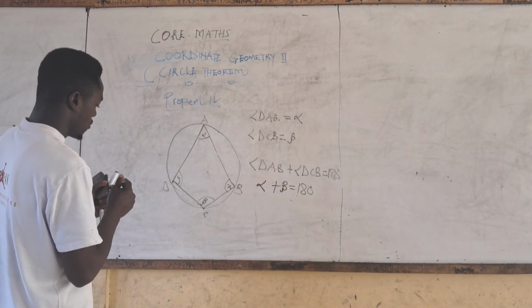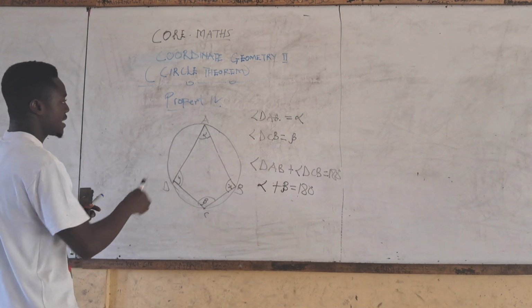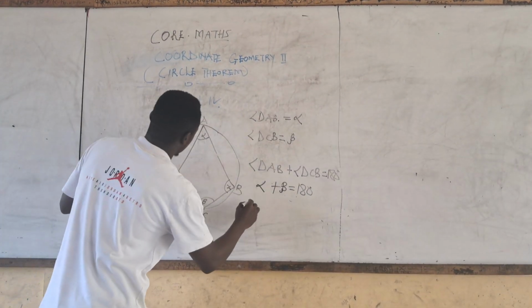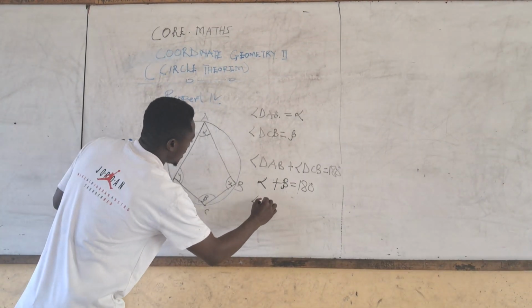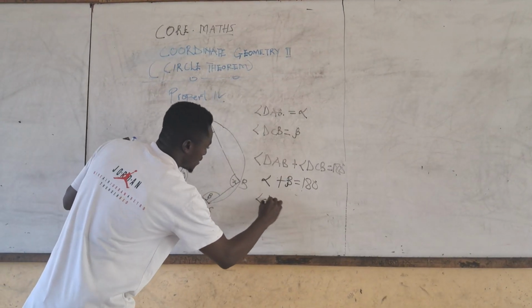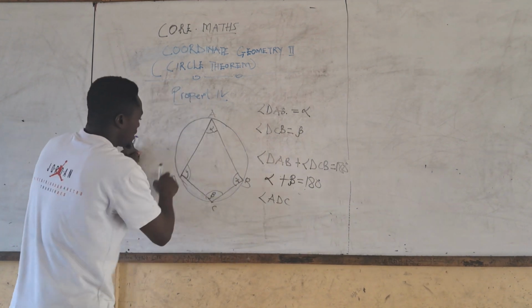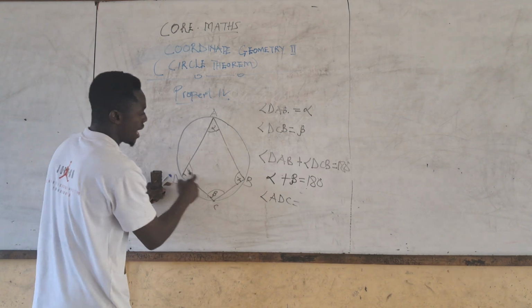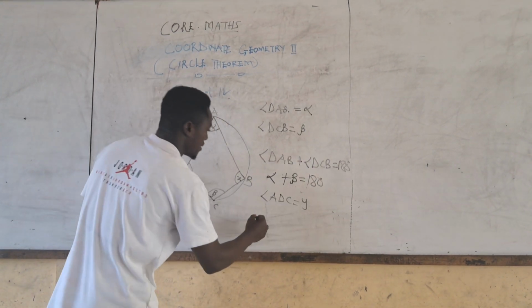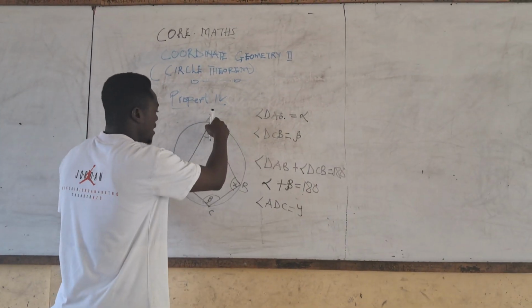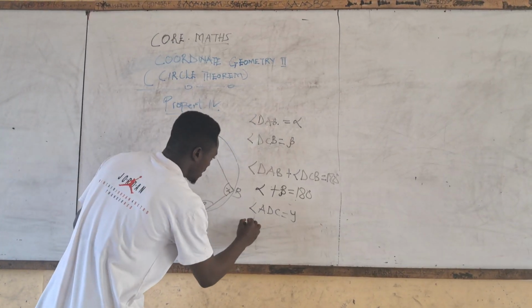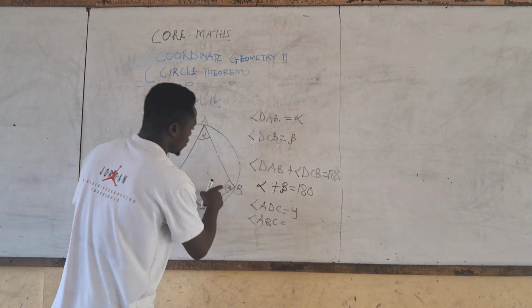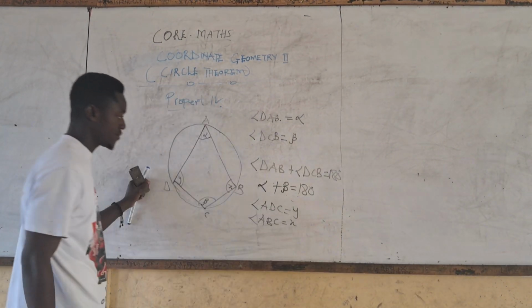You can also read from the diagram that the angle ADC is y, and angle ABC is x.